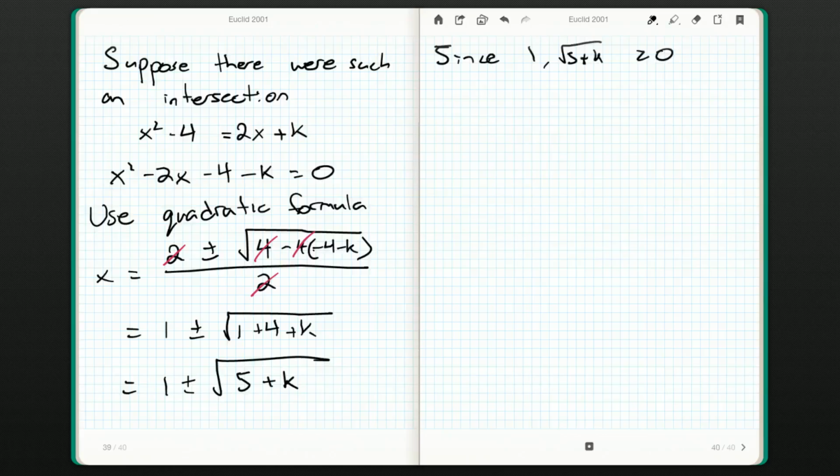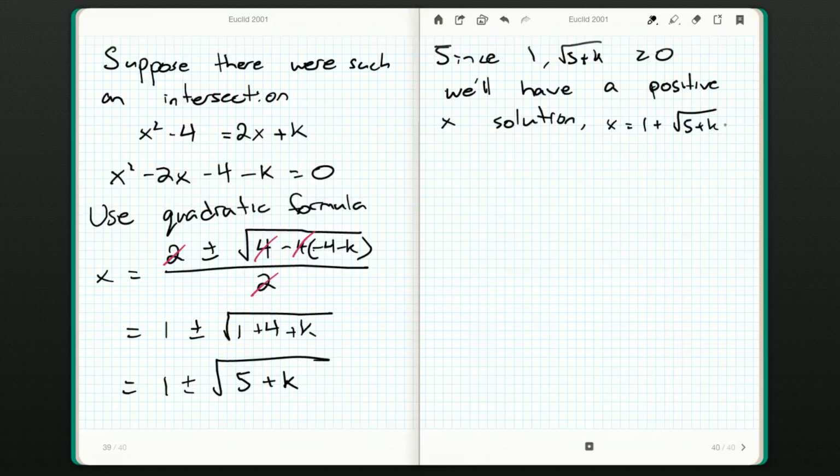So since 1 and the square root of 5 plus k are both positive, the only way this can't work is if the square root of 5 plus k must not exist.